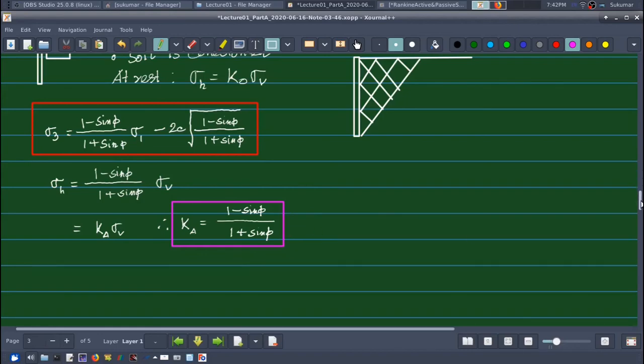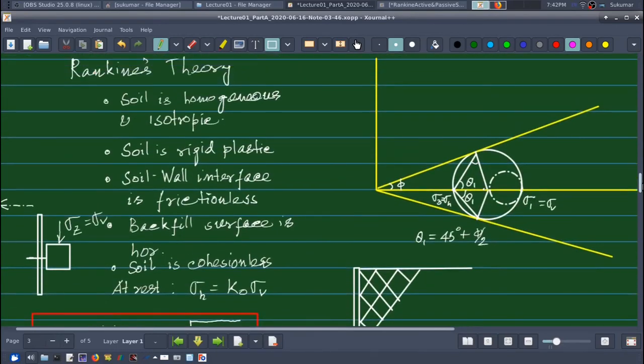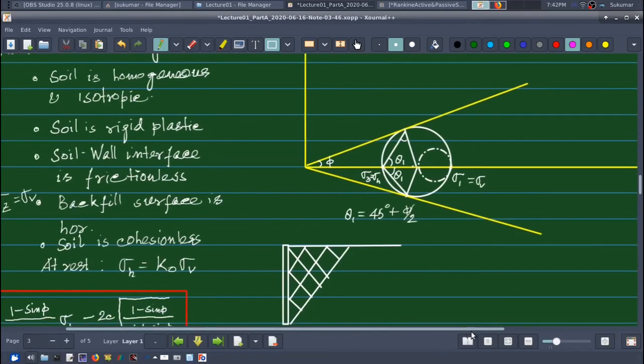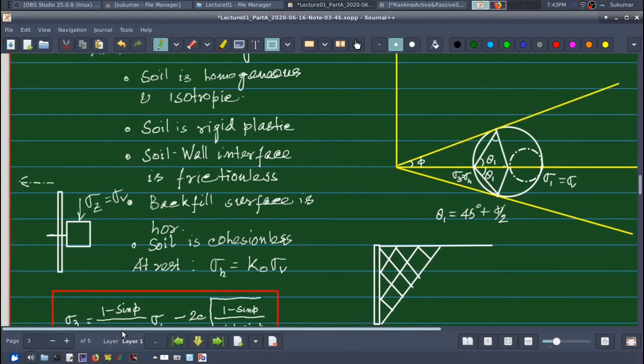Next, let us go to the passive condition. Now in passive condition, what will happen? Once again I will have the same sigma v. If I am considering the same soil element near the wall, I have the same sigma v, but this time the wall will move towards the backfill, right?